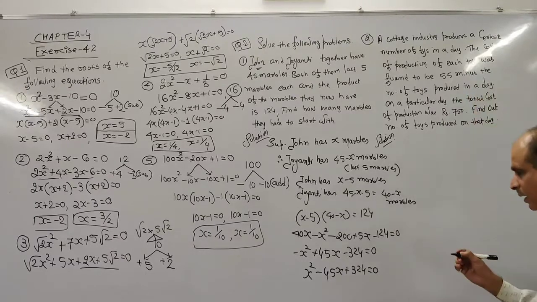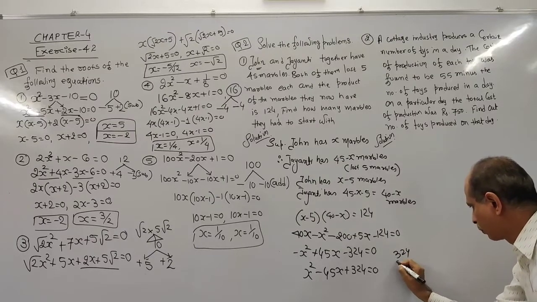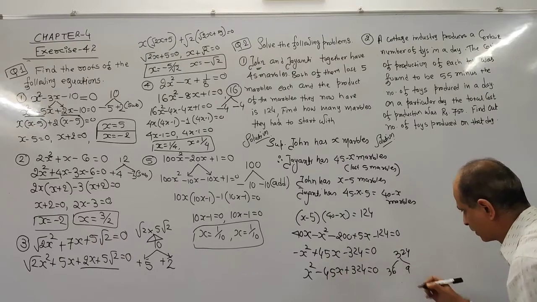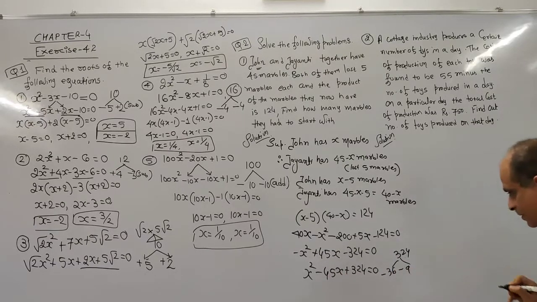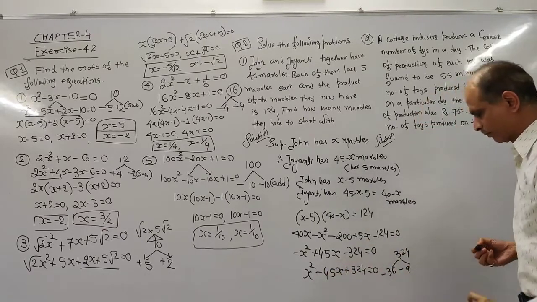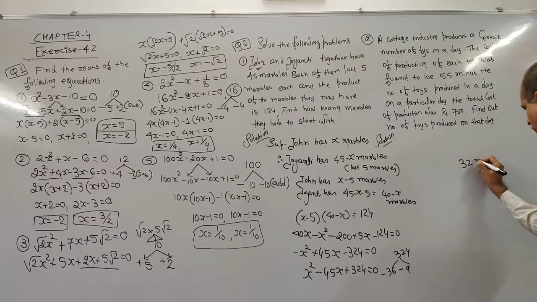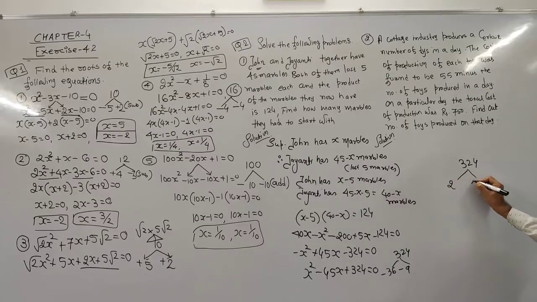So you can take 36 and 9. 324 is 36 nines, with minus and minus, minus 36 minus 9 is equal to minus 45. Now how to obtain this factor? 324 you can divide by 2. So you get 2 ones are 2, 2 sixes are 12, 2 twos are 4.